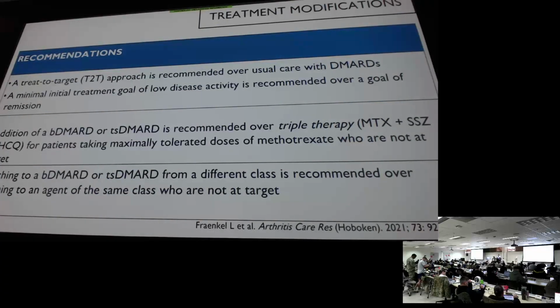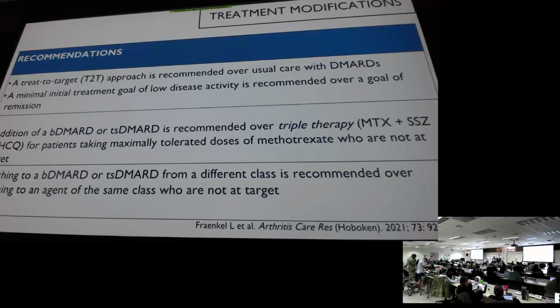So this basically just summarizes what I just mentioned. You're going to treat the target with the DMARDs. You just want to get the disease activity down, right? And then either add into methotrexate a biological or a newer target-specific DMARD, and we'll show you the classifications of those.